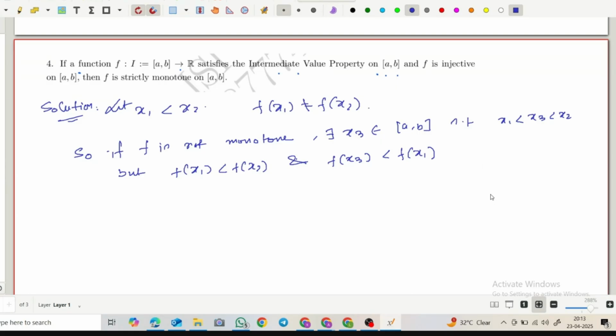If x1 is here, x2 is right here, and x3 is somewhere in between. So by IVP, there exists a C.